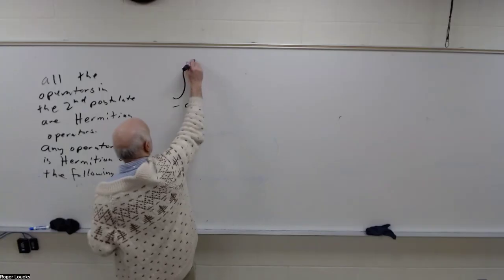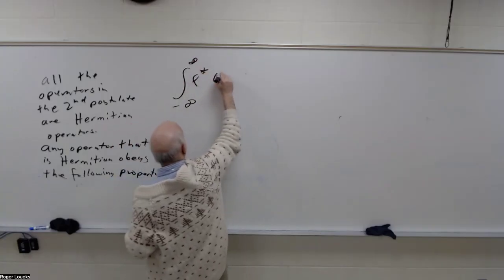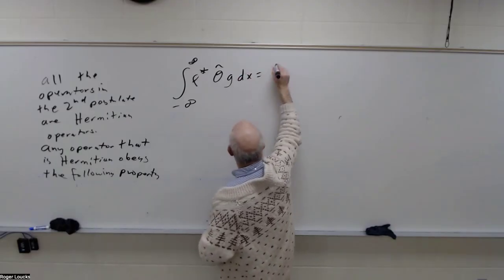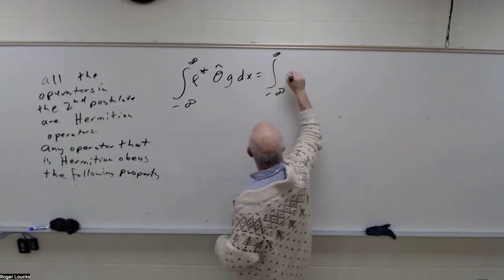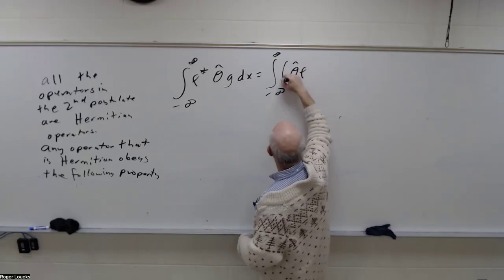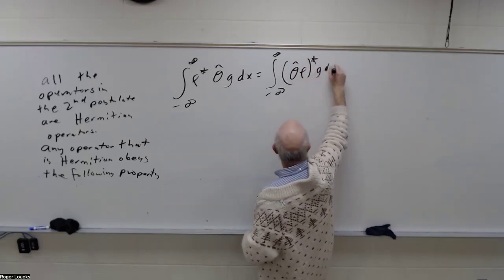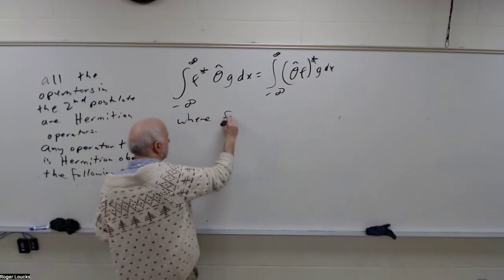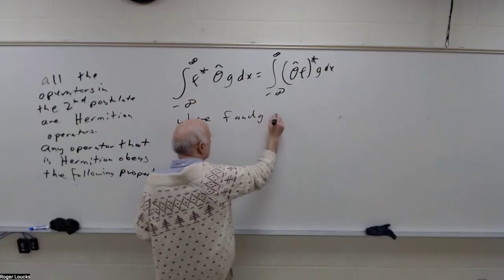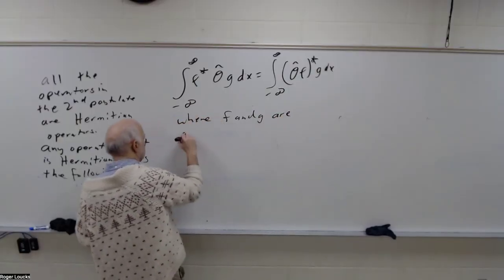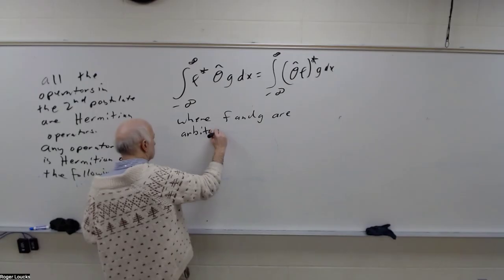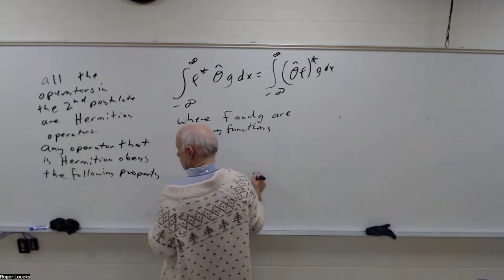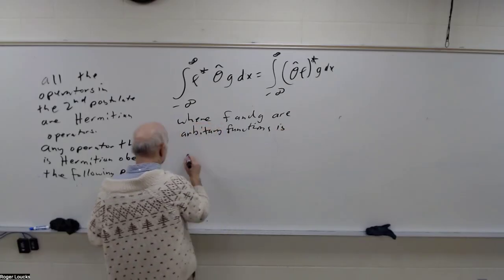If we integrate over all space f star O acting on g, now I'll explain what f and g are in a second, dx, that equals the operator acting on f, star, times g dx, where f and g are arbitrary functions. Then the operator is Hermitian.